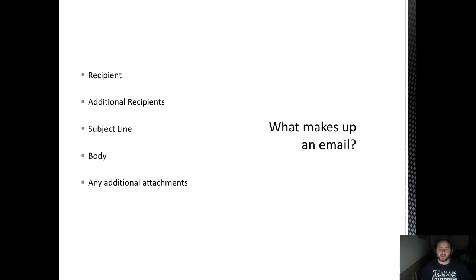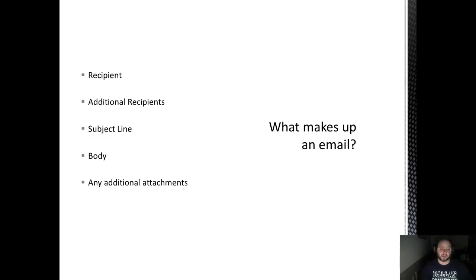The next portion is the subject line. The subject line is actually a very telling portion. I'll get into it a little further on, but it's a really big portion that can determine whether something is highly important or just a generic memo type email. Another portion is the body.